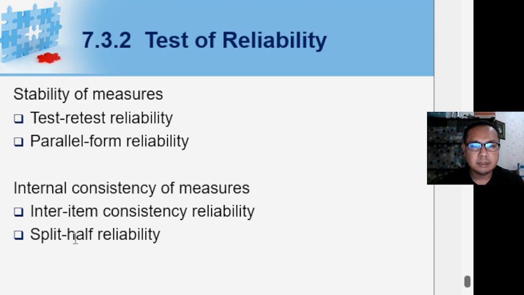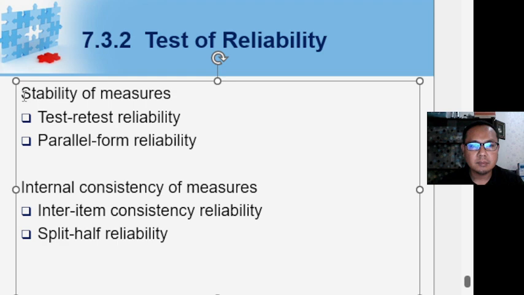So inter-item consistency reliability and split-half reliability. So we don't have to worry about the terms of these reliability measures. What we have to give attention to is the stability and then the consistency.